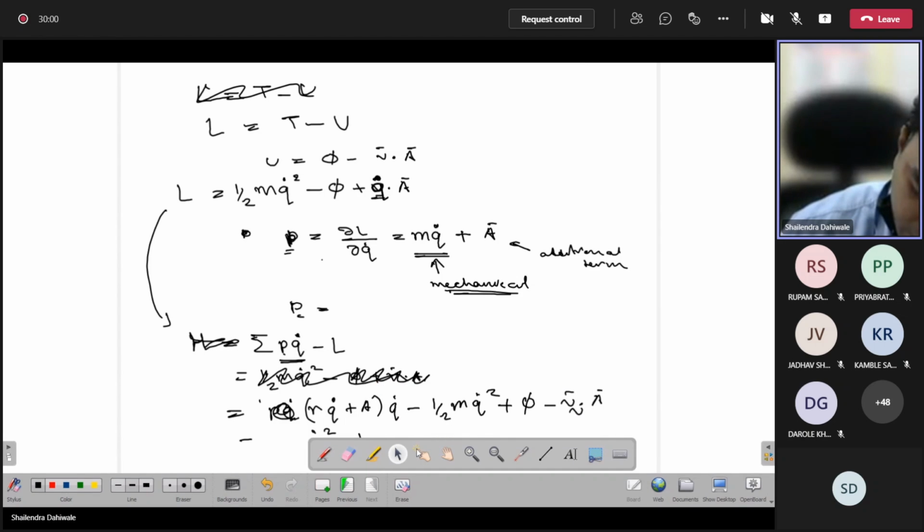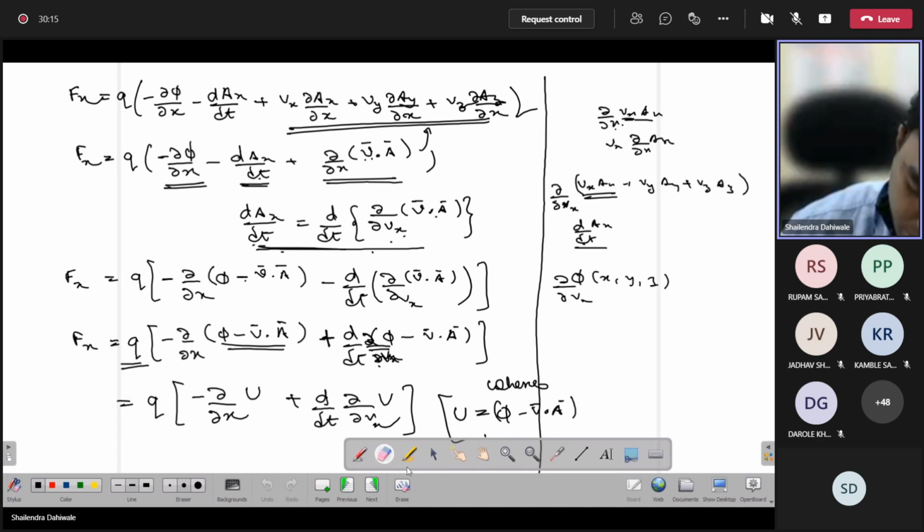So this will be half mq dot square plus qphi. Okay, so H will be T plus V.